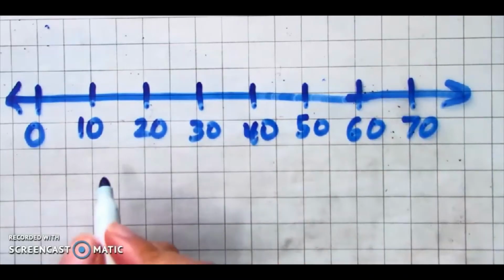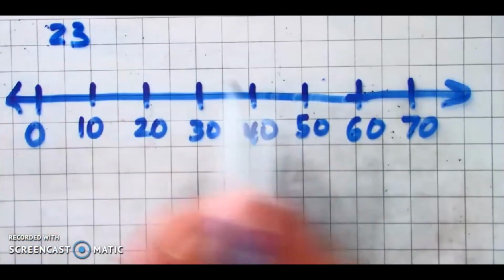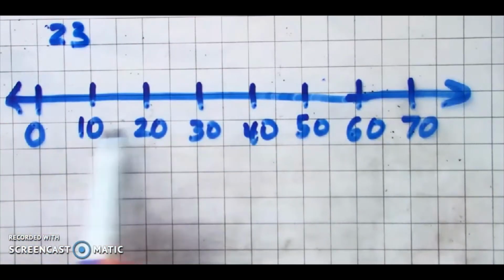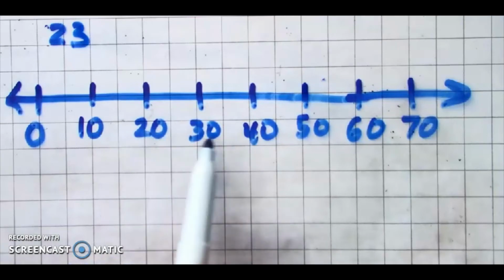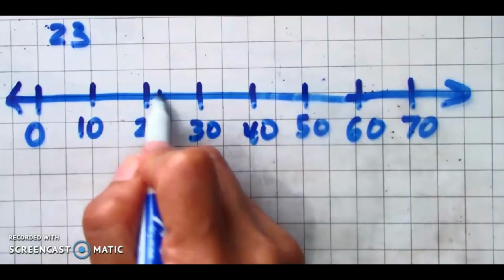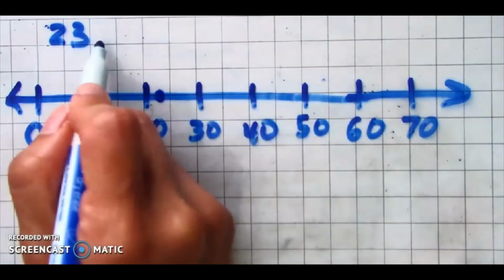And I want to plot the number 23. So I know that 23 comes after 20, but it's before 30. So it's going to be somewhere in between here. So that would be 23.